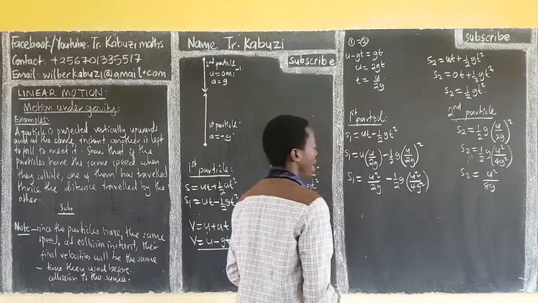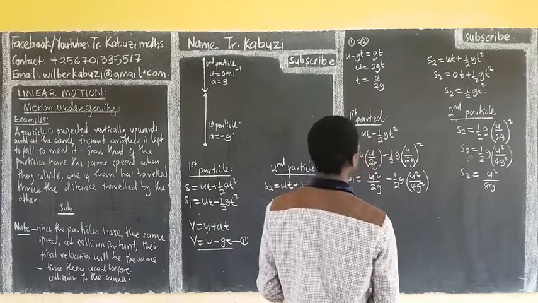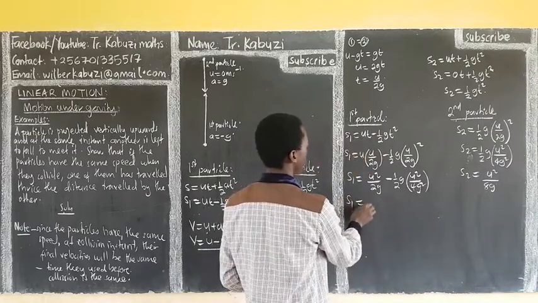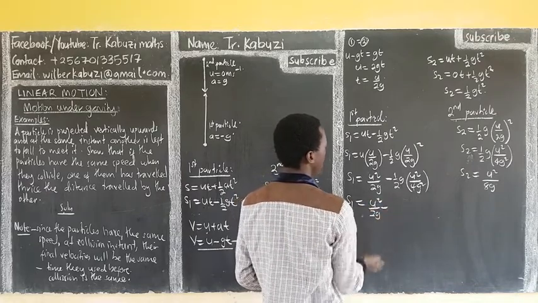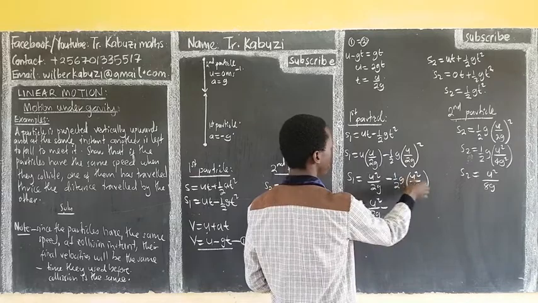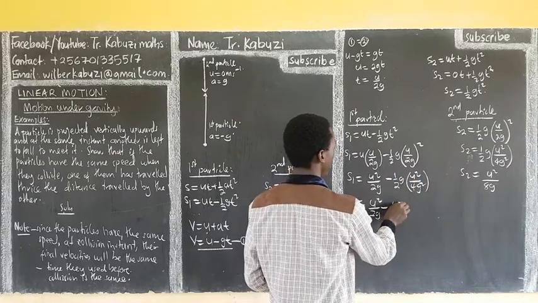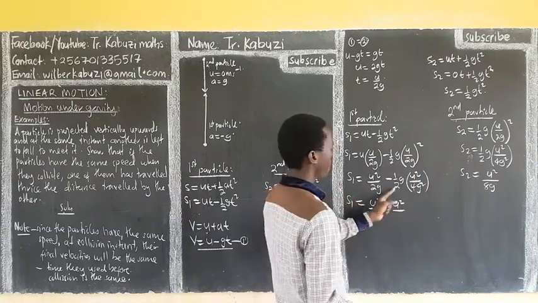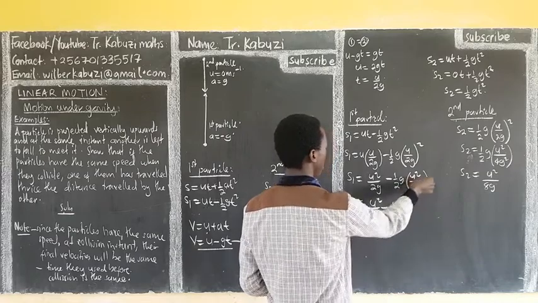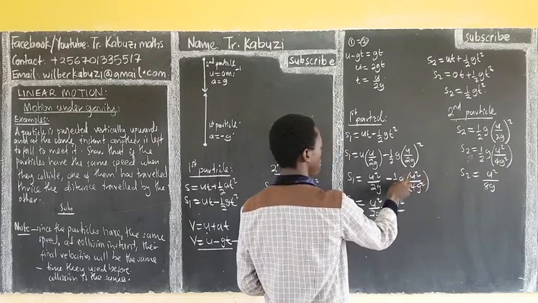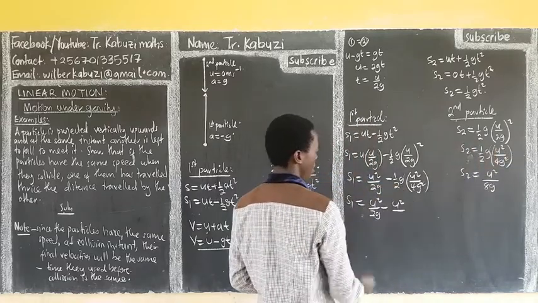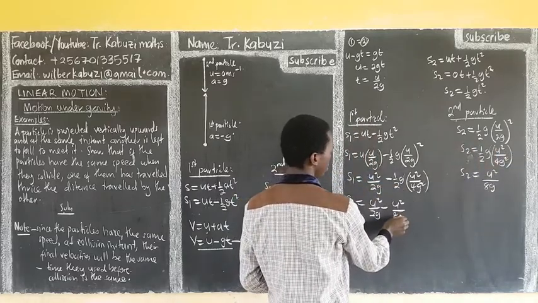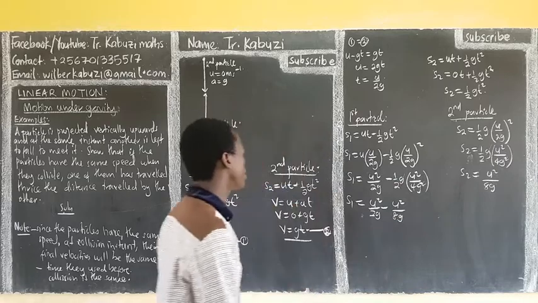So we are going to have S1 as u squared over 2g minus, when I open brackets, this will cancel, so I'll have u squared over 8g.